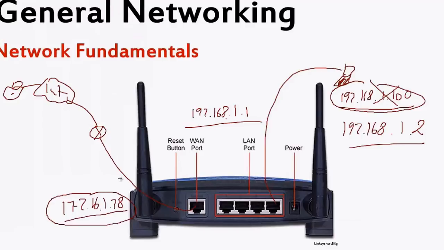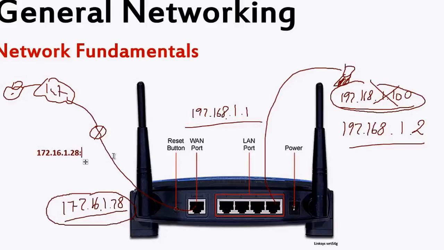Okay. What I have to do now on this router, I have to educate it, I have to train it and tell this router, dear router, if someone asks for 172.16.1.28 on port 3389, that is a unique port for RDP, can you be so nice and send it to 192.168.1.2?